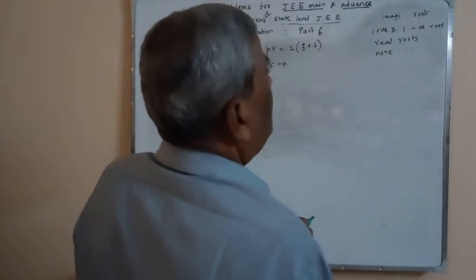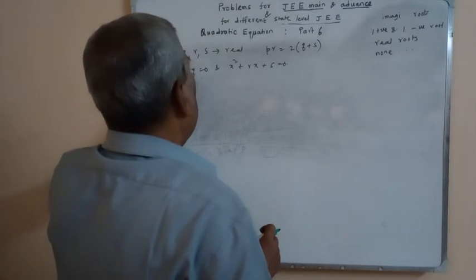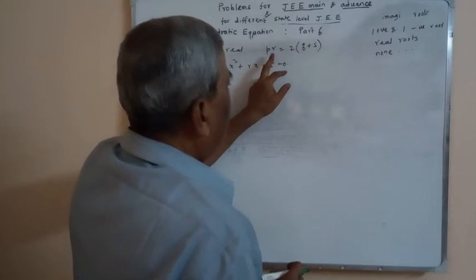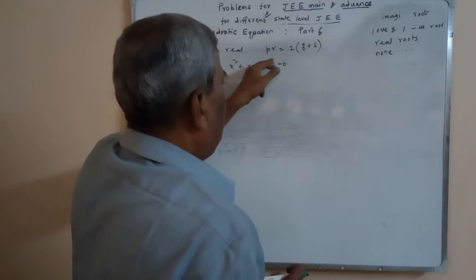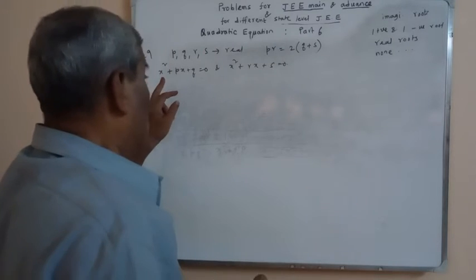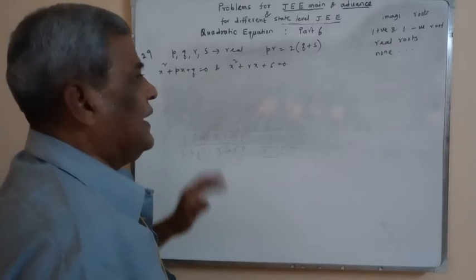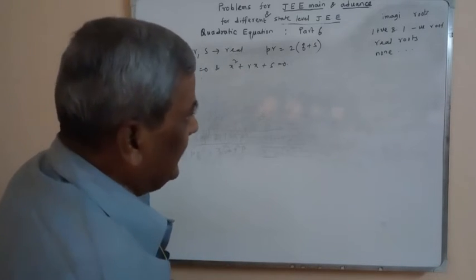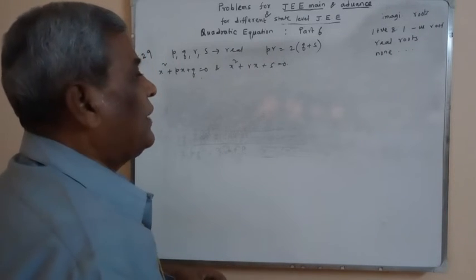Okay, let us see what is the exact problem. Given that p, q, r, s, these four quantities are real, and a relation between p, r, q, s is this: pr is equal to 2 times (q plus s). Then at least one of the equations, this and that, has imaginary roots, one positive and one negative root, real roots, or fourth option, none of the above.